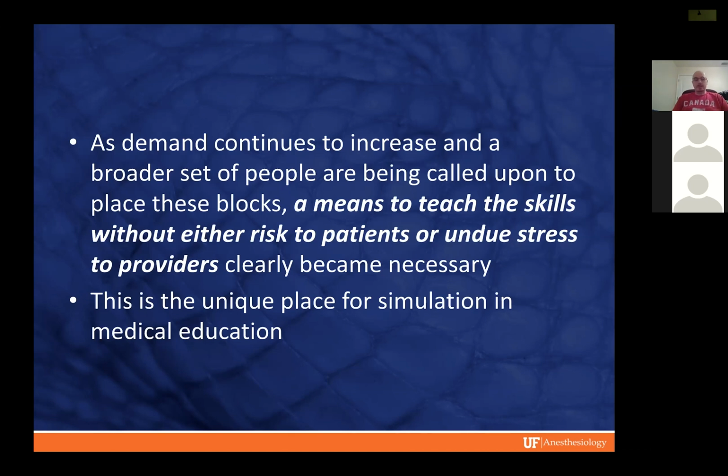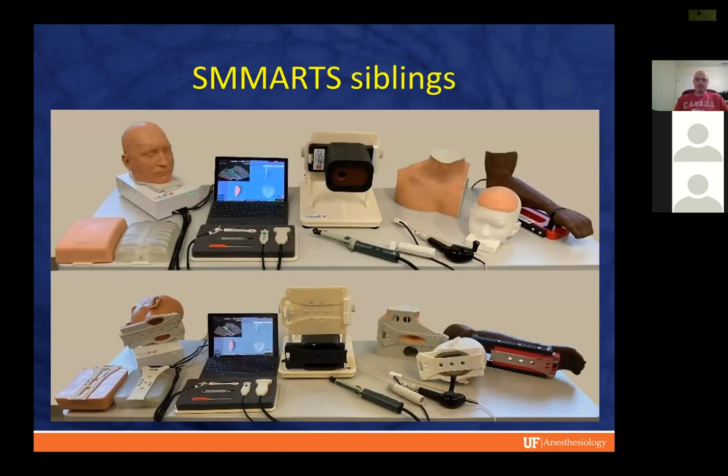Whereas these smart system simulators are both diagnostic and task training simulators. You can physically do things to them and learn how to do the physical task. And that is sort of unique in the simulation world and in the medical education world.